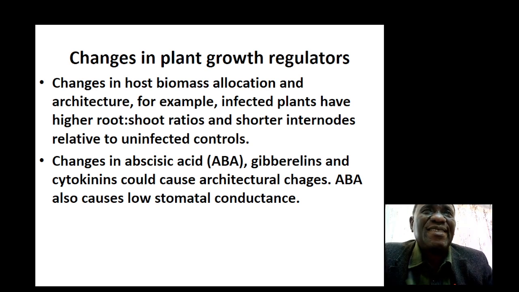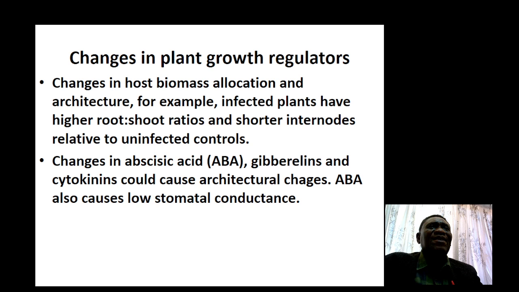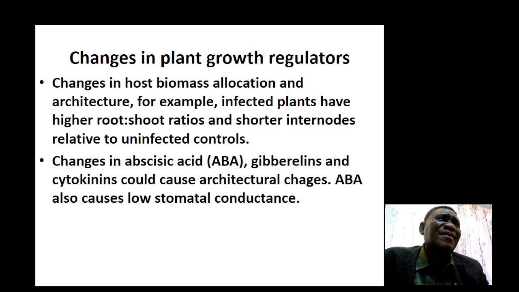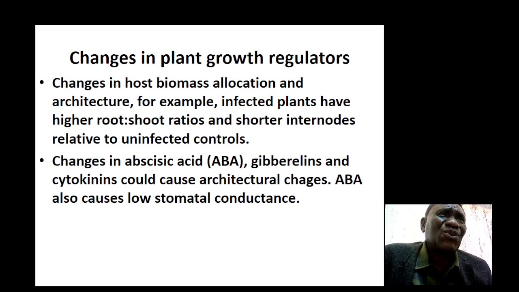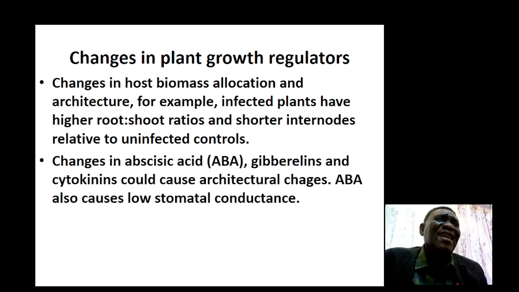There could be changes in plant growth regulators as a result of the presence of the parasite. So changes in host biomass allocation and architecture. For example, infected plants have higher root-shoot ratios and shorter internodes relative to uninfected controls.